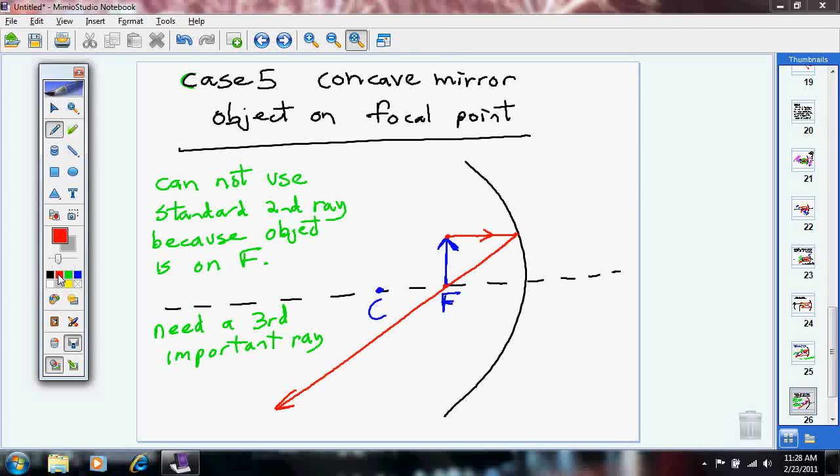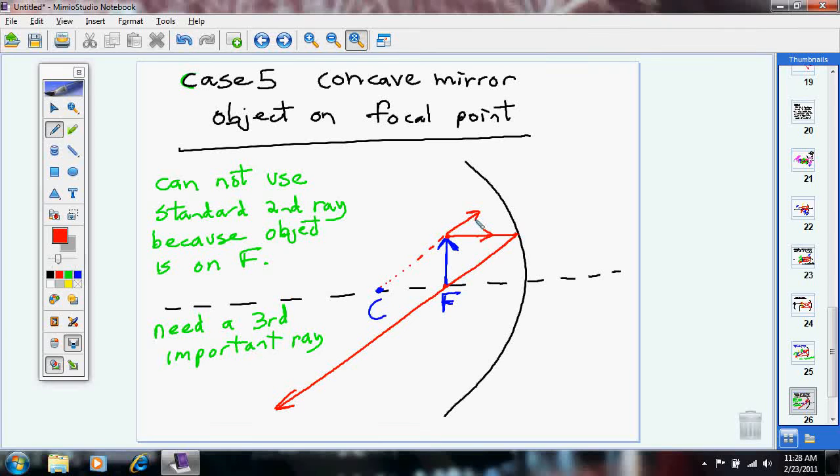Now you might want to watch me on this backup ray because again, if it's not drawn out perfectly, it doesn't work out perfectly. Again, watch carefully. A light ray leaving the object's head and going towards the mirror as if it came from where? The center of curvature. But it doesn't start from the center of curvature. Where does it start? It starts at the object's head and heads towards the mirror.